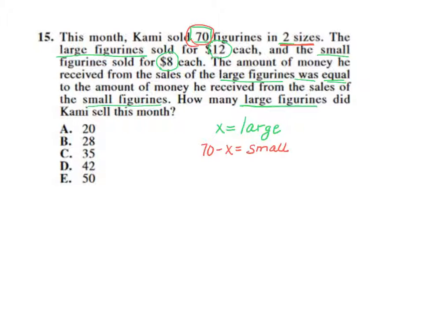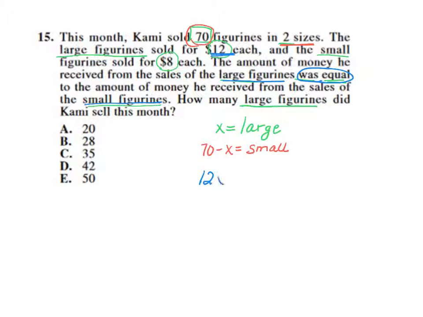Now the next important part is it said that the amount of money she received in sales from the large figurines was equal to the amount of money she received from the small figurines. So I can take the amount that she sold for the large figurines, which were $12 a piece.